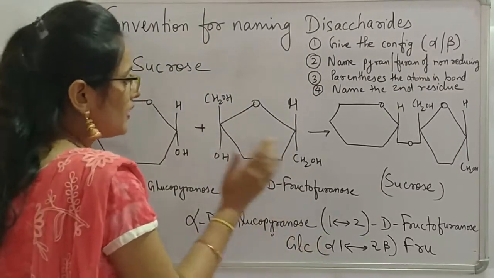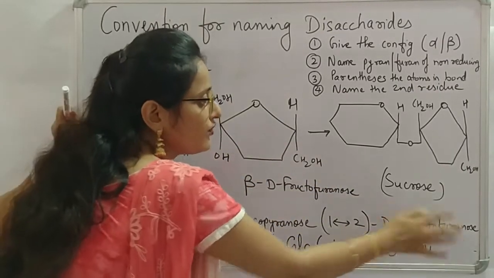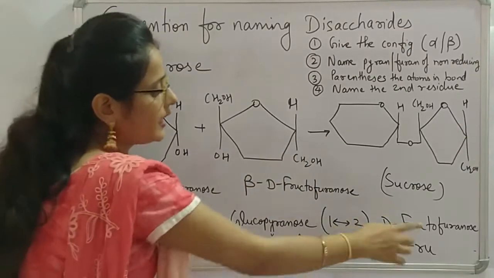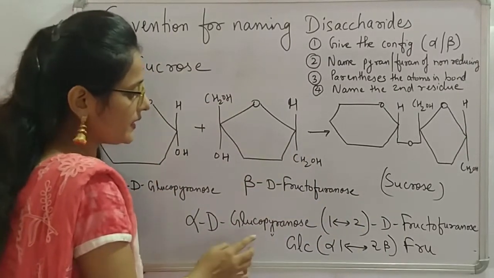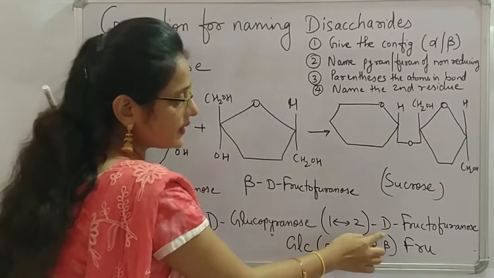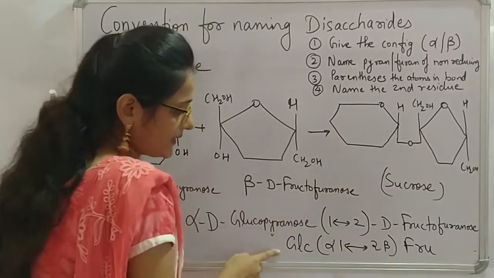So here the second monosaccharide is D-fructofuranose, that is beta D-fructofuranose. So I will write the name of sucrose as alpha D-glucopyranose in bracket 1, 2, D-fructofuranose. We can write this name in short form like this.